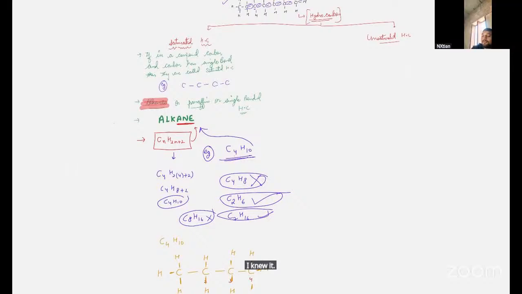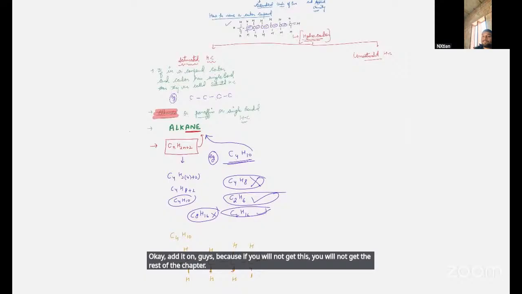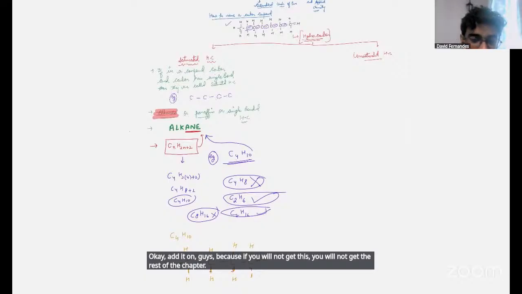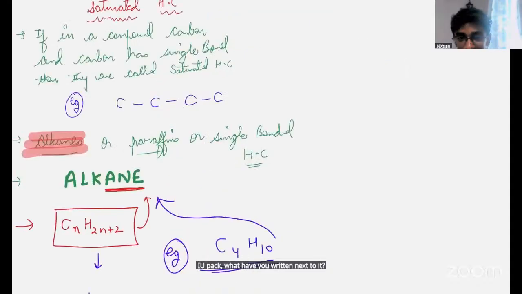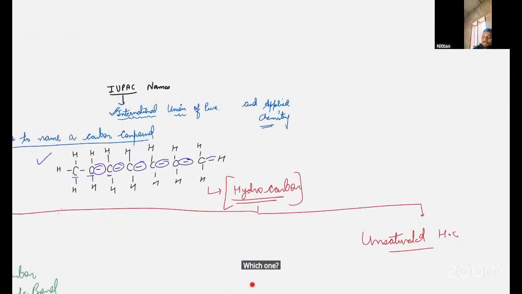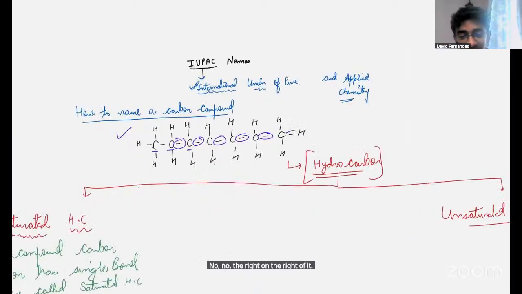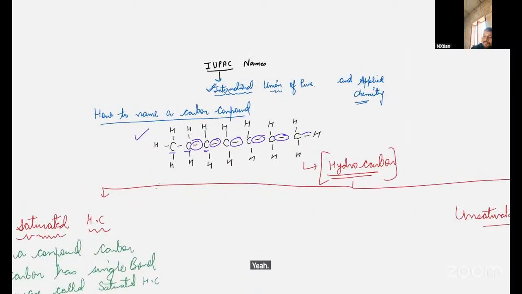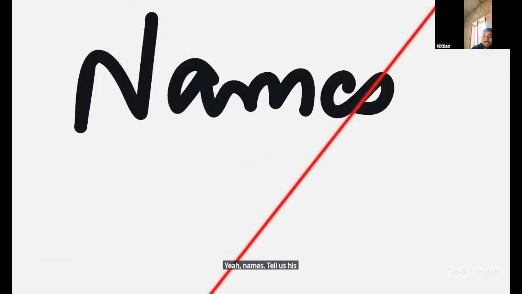Quickly write it down, guys, because if you will not get this, you will not get the rest of the chapter. What have you written next to it? Applied chemistry? No, on the right of it. Is that names? Yeah, names. Check, this is names.